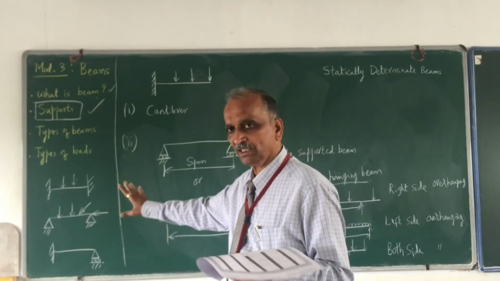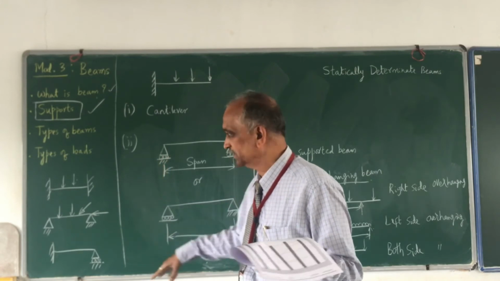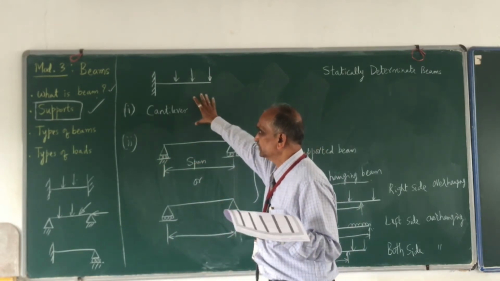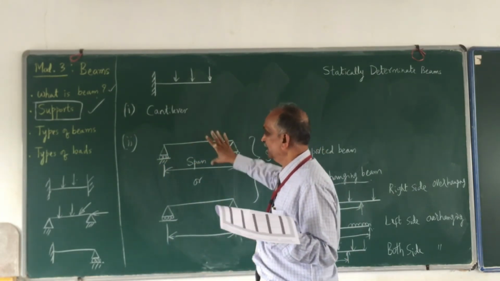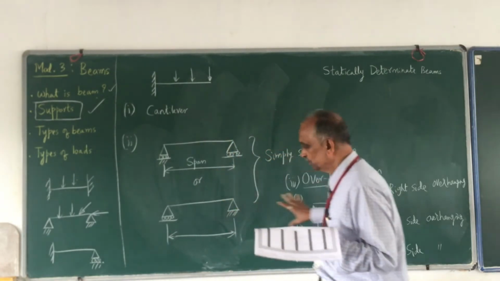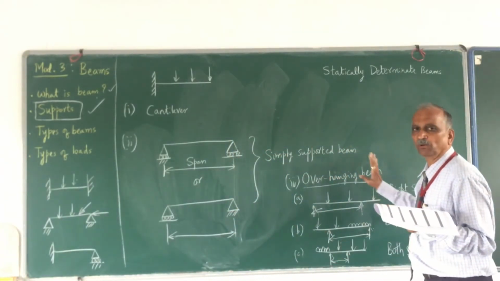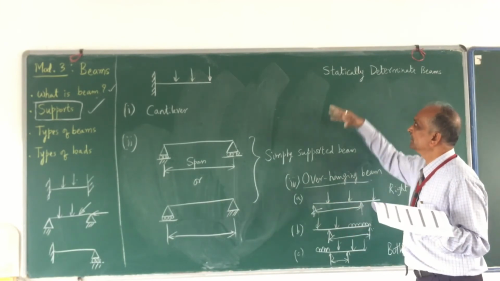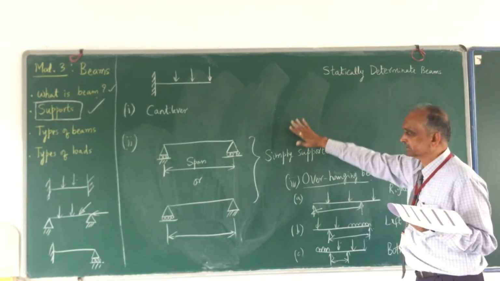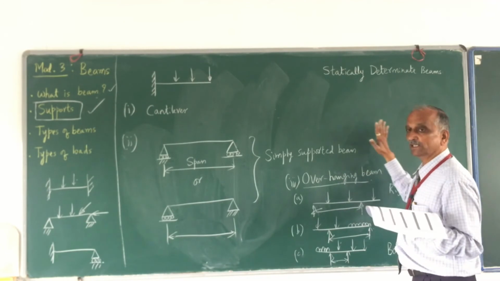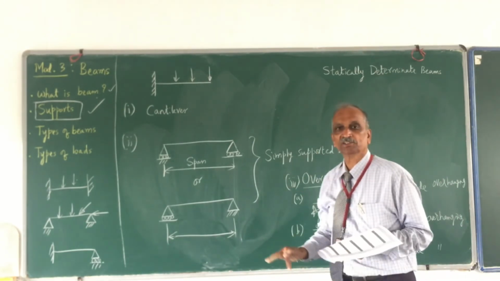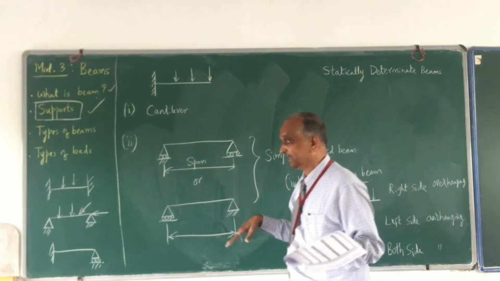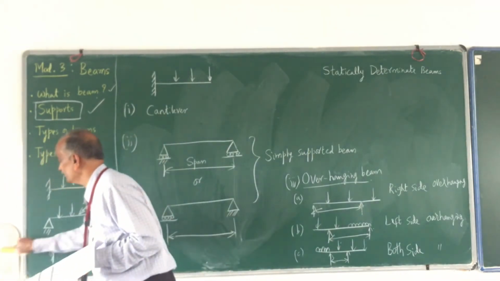Okay, in our course we are not going to consider those; that's why I said we are going to have cantilever, we may have simply supported beam, we may have any type of overhanging beams. These are all statically determinate beams, and hence I can find out the reactions very easily, and that is what we are going to do now.